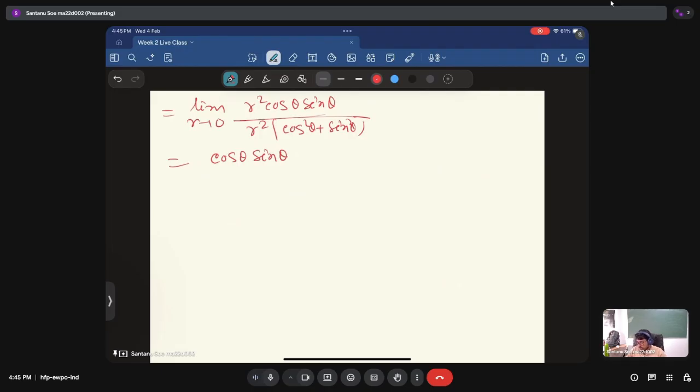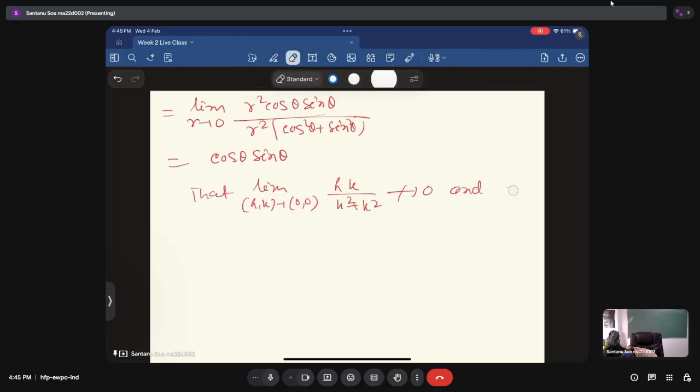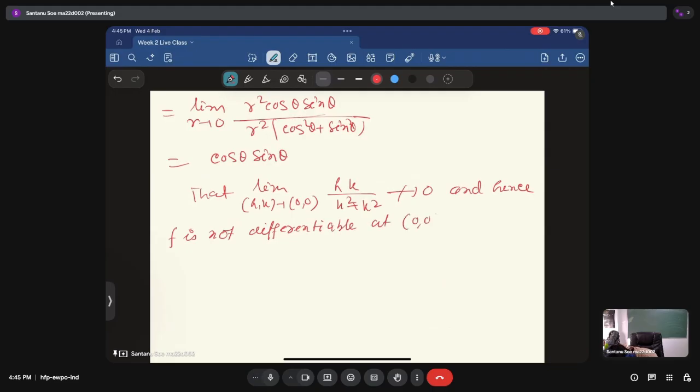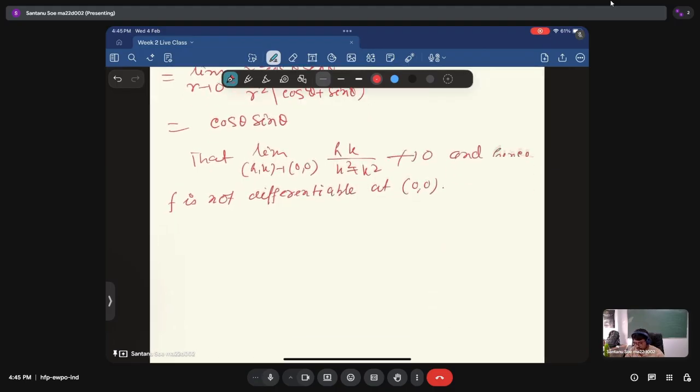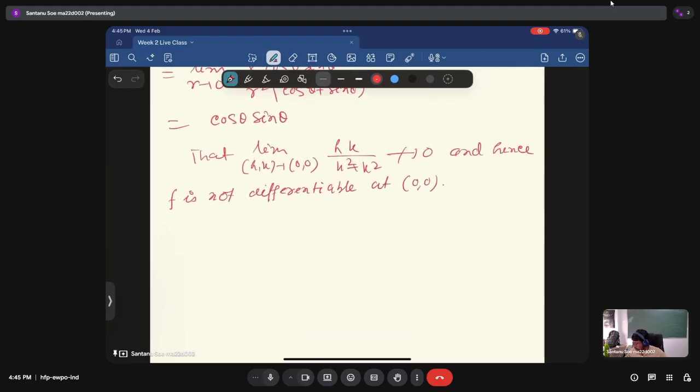So by using polar coordinates also we can prove that this is not going to 0, and hence f is not differentiable at (0, 0). Okay, so I hope this is clear now.